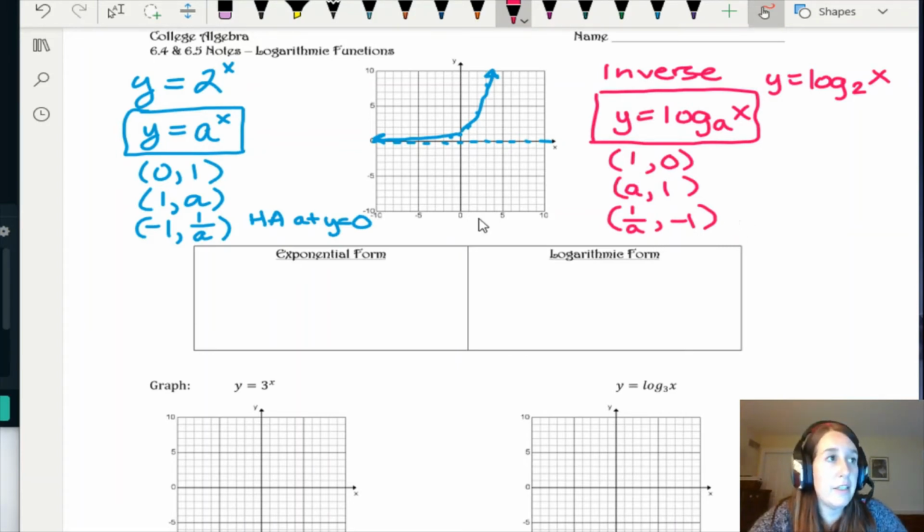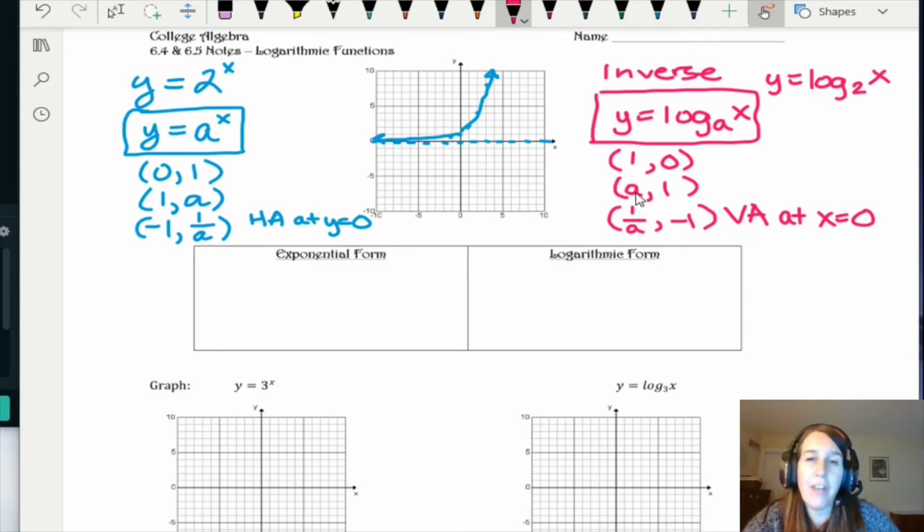And then instead of having a horizontal asymptote, remember that would be the y equals 0, now we're going to have a vertical asymptote at x equals 0. Okay, so we're going to graph this, but remember, for every a, we're plugging in the number 2, for ease. All right, so we have the point (1, 0), right there.